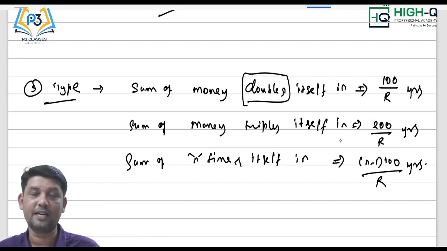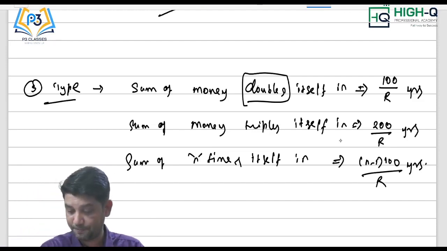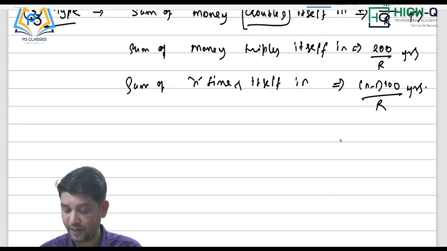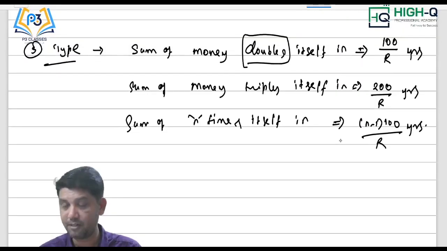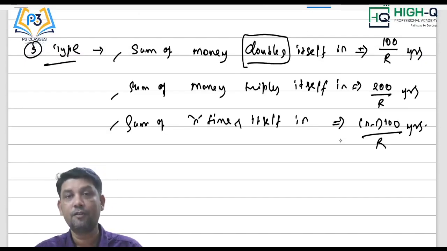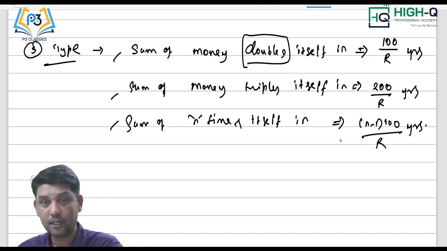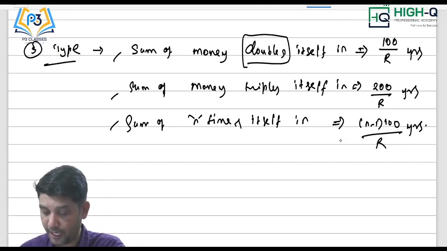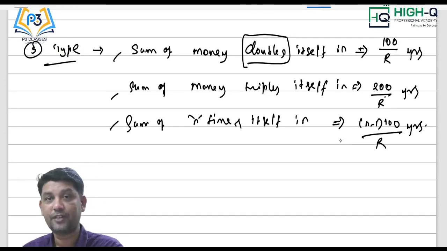So a sum becomes n times itself in (n minus 1) into 100 by r years. Please remember these three formulas. Now listen here. This is not only 100 by r, like 200 by r. If it is 8 times itself, it will be 700 by r.